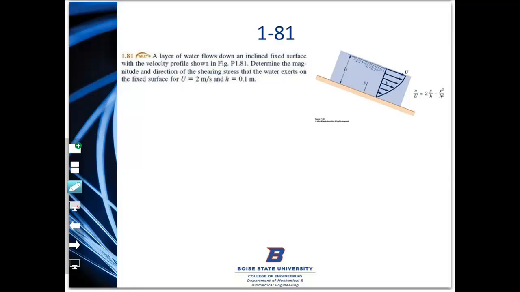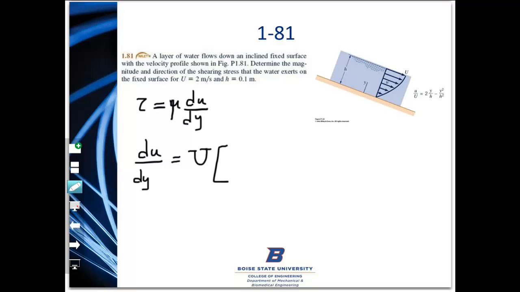Okay, again, we can use the fact which we used before, that shear stress will be equal to mu du dy. So we know the velocity profile, which is given in the figure, so I can then find du dy. It's a simple derivative, so this is what you end up with.